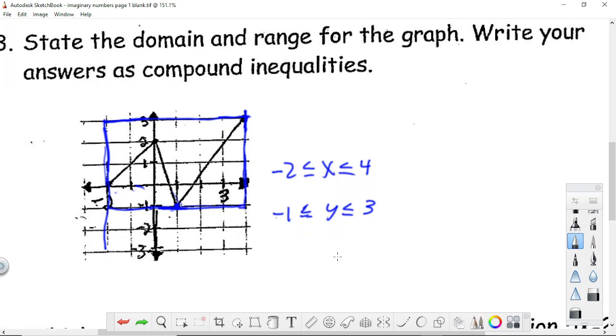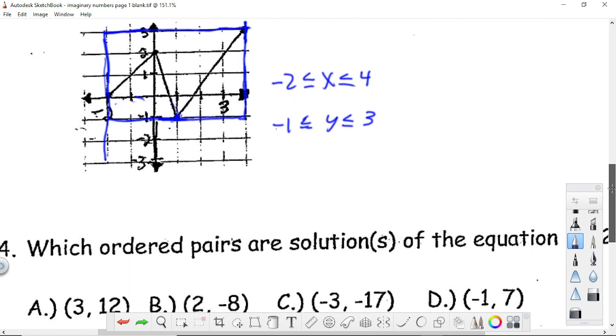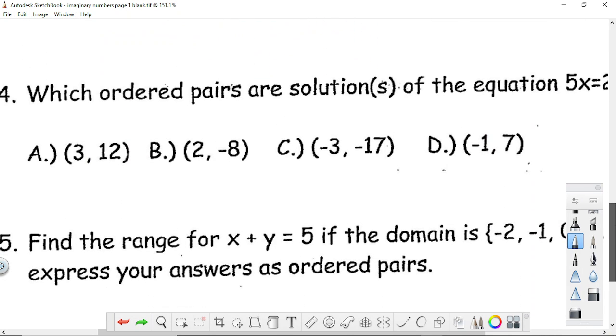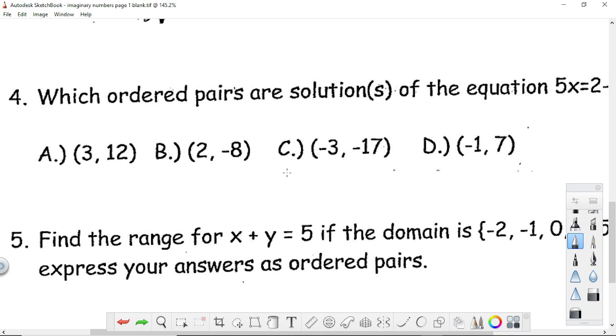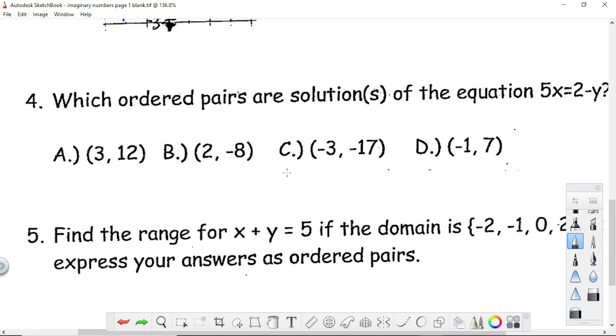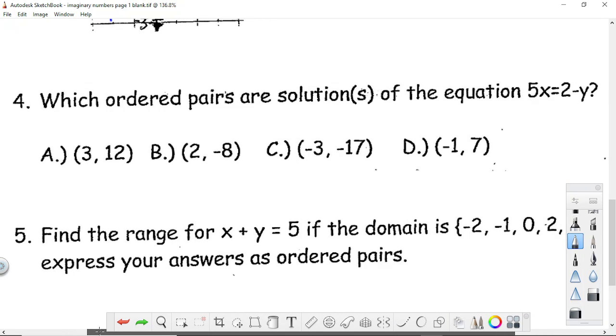So let's see what else we got. Which ordered pairs are solutions of the equation? Make sure we get it all on there. 5x equals 2 minus y.